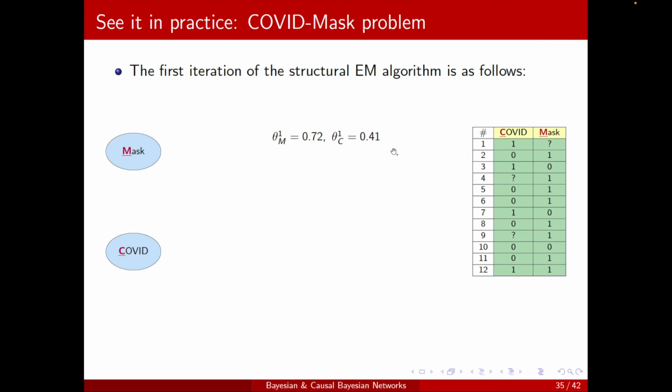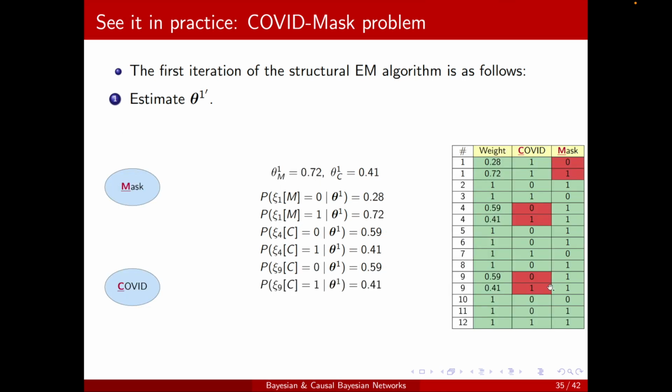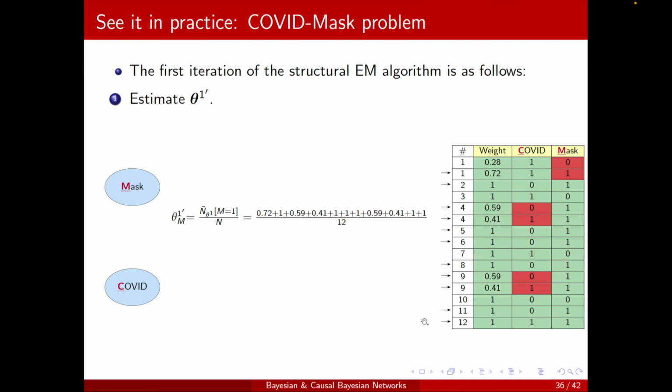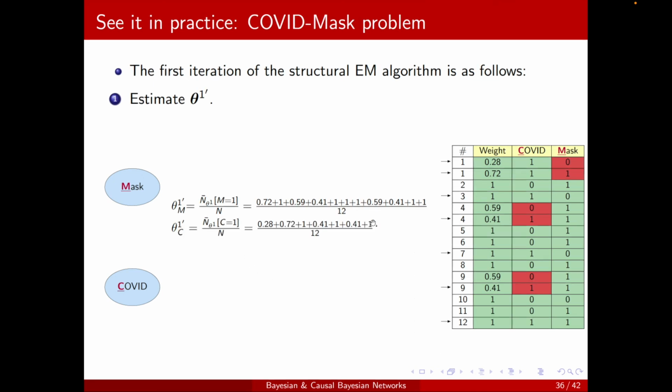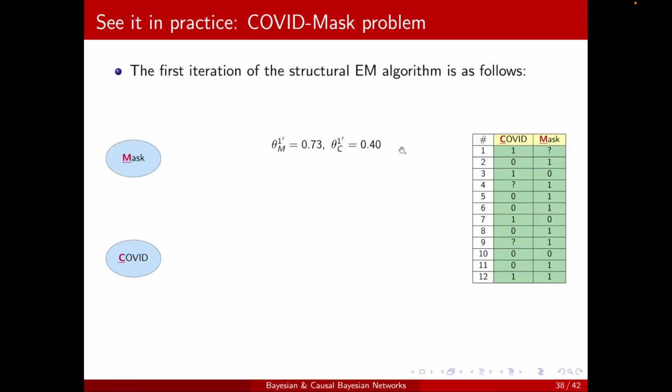I have the values. I can go on with the second iteration. Again, calculate theta prime, go back to the original data set, try to augment it, extend it, the probability of each instance is calculated, extend the data set accordingly, and update the parameters. So we'll do that, and then I will get the updated values. We'll put it there.